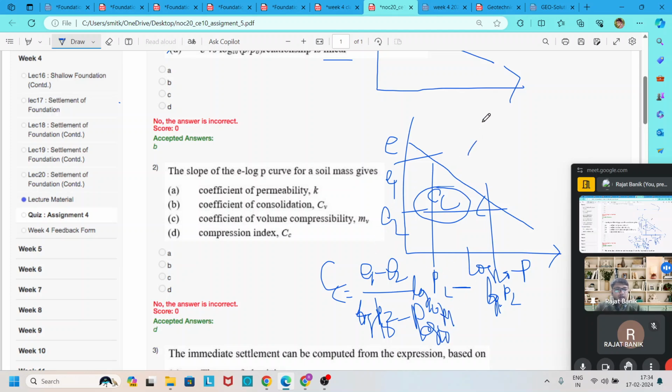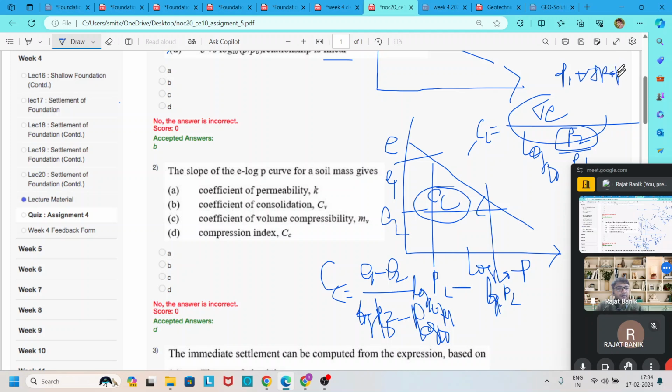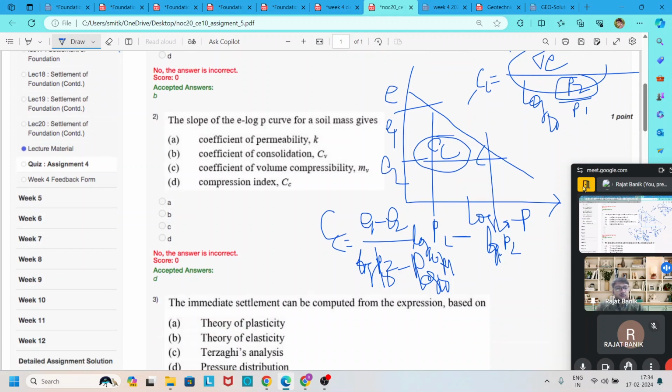So Cc is the change in void ratio divided by log10 of P2 by P1, where P2 is P1 plus delta P. So our correct option is option D, compression index.